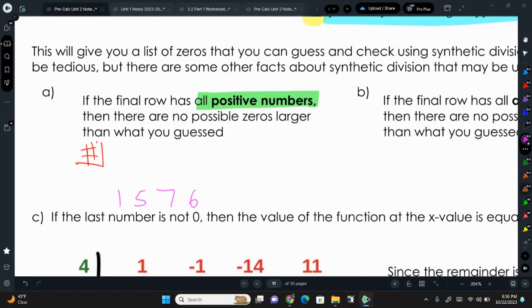So we can cross off quite a few of them. So I always like to start out with 1 or -1, because if I do encounter this, then I know I don't need to test anything larger than 1.